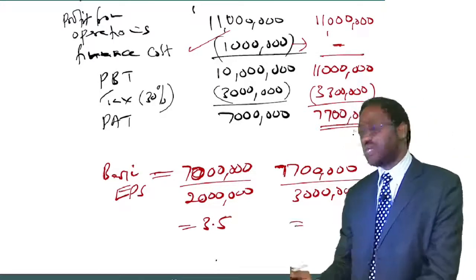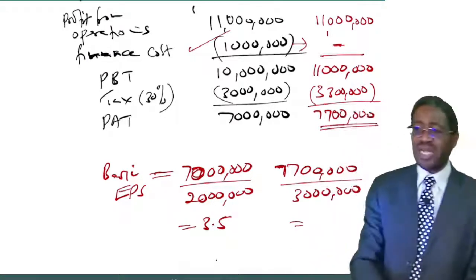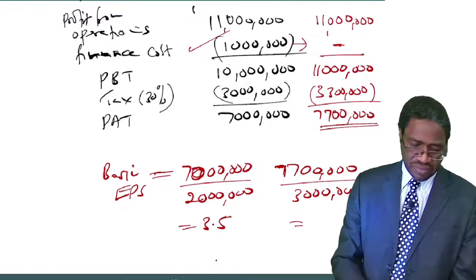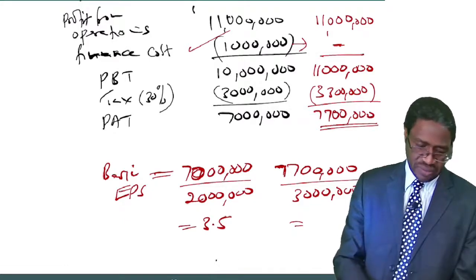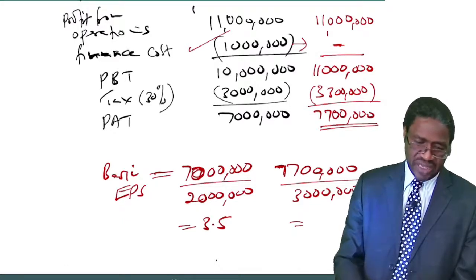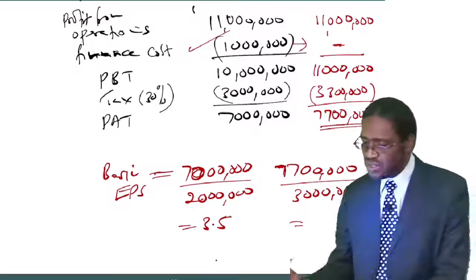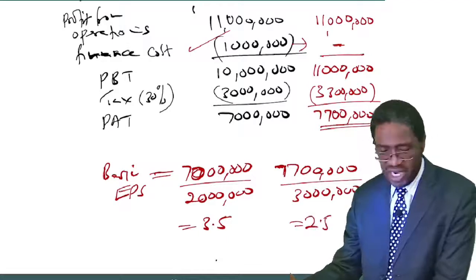Somebody with a calculator, how much would it be? What is the amount? Take that 7.7 million, you divide that by 3 million shares. So it means our earnings per share would have been 2.57.